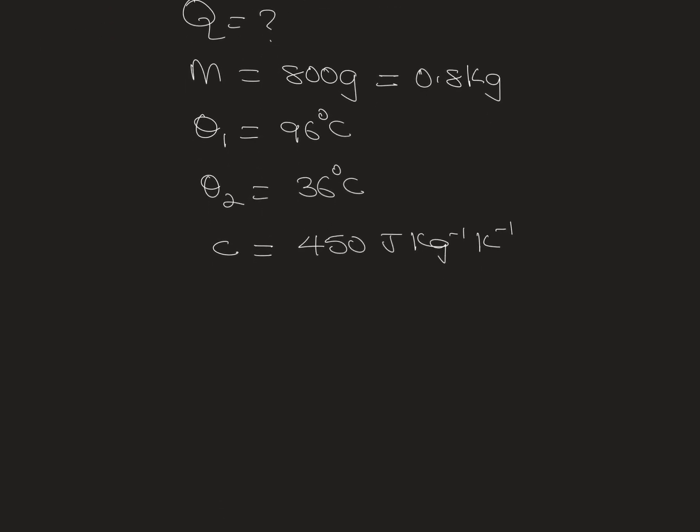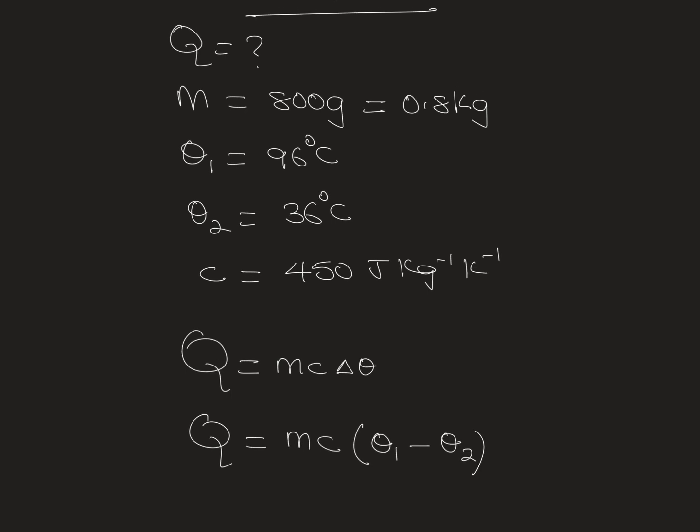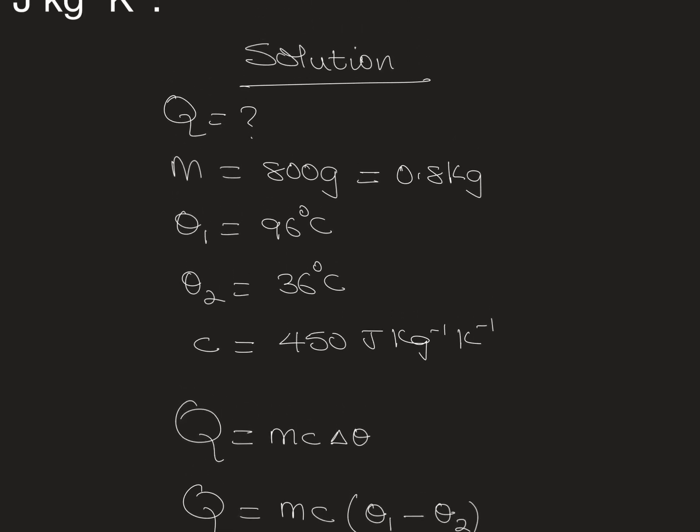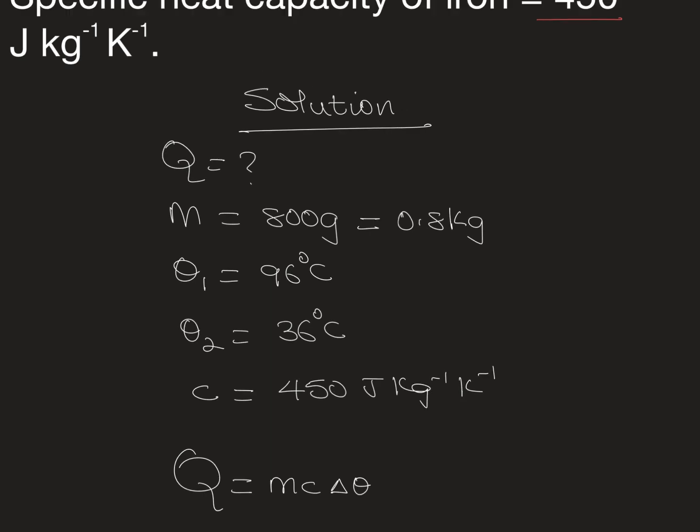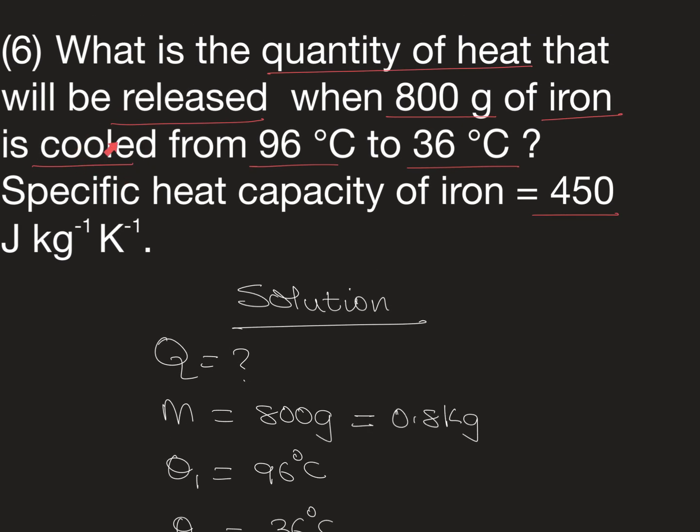We know that the formula to find the quantity of heat is equal to mc delta theta. So Q will be equal to mc into theta 1 minus theta 2. Let that not appear confusing. When you are dealing with a cooling process, as mentioned here, the change of temperature will be the initial temperature minus the final temperature.